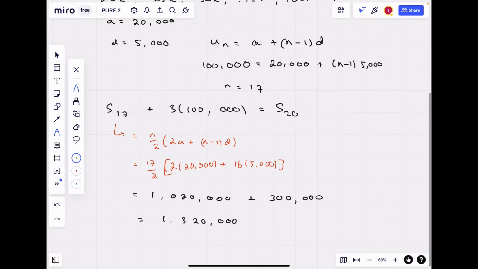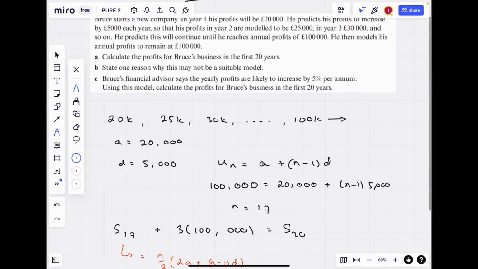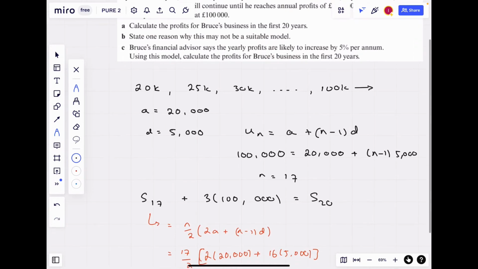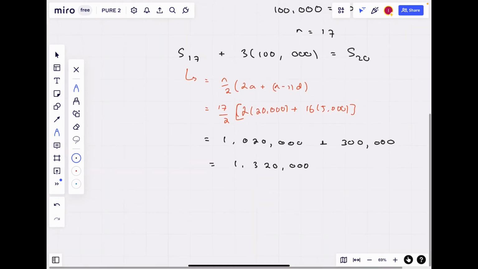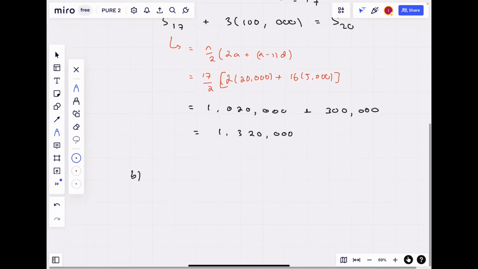Okay, part B says, state one reason why this might not be a suitable model. What do you think? How do you think you'd answer that question? Okay, can he make 5,000 every year?